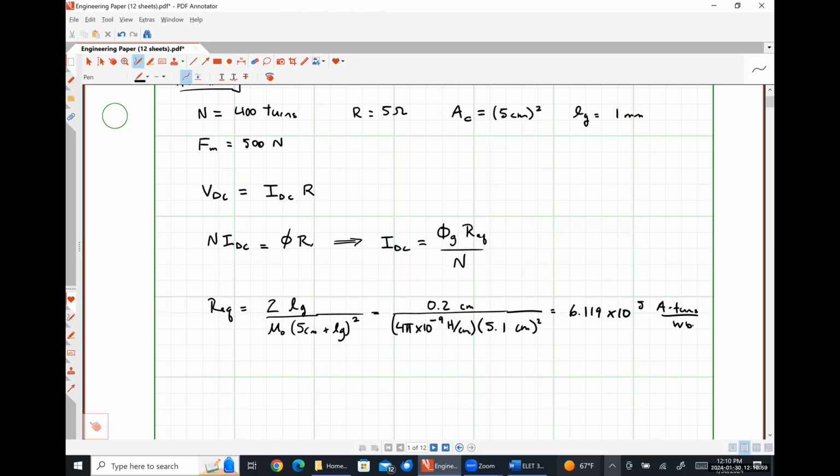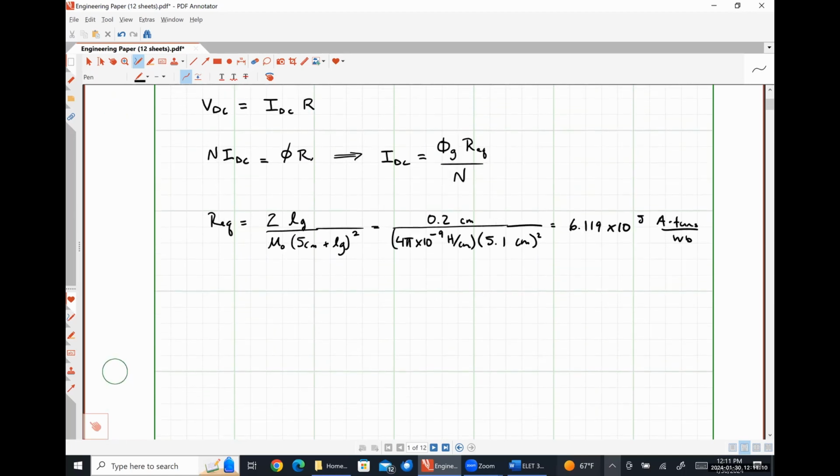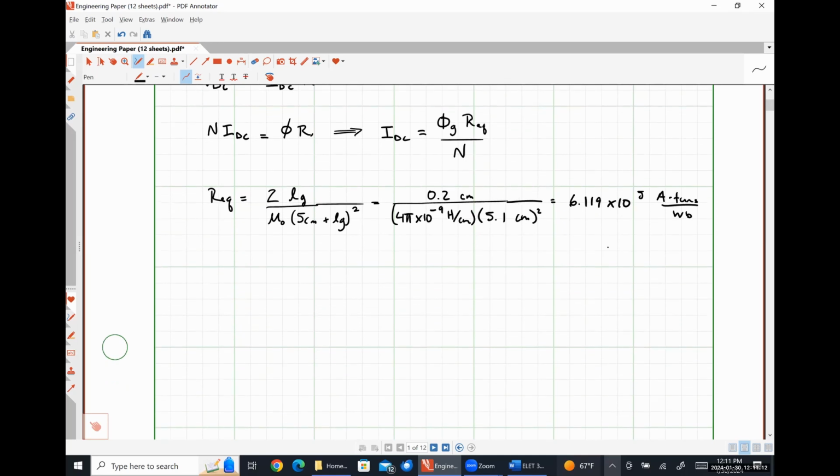Now we need to figure out how to determine our magnetic flux, right? I'm doing this from memory, so I'm going to pre-apologize if I made a mistake on this equation because I did not bring the notes for that material.